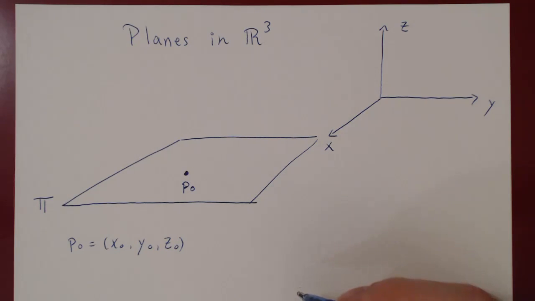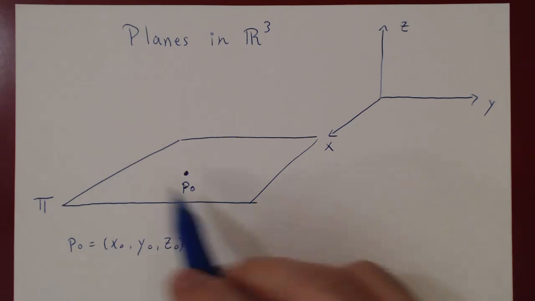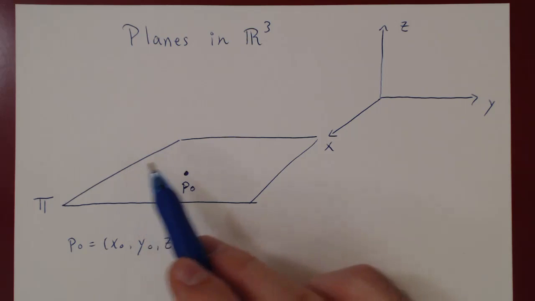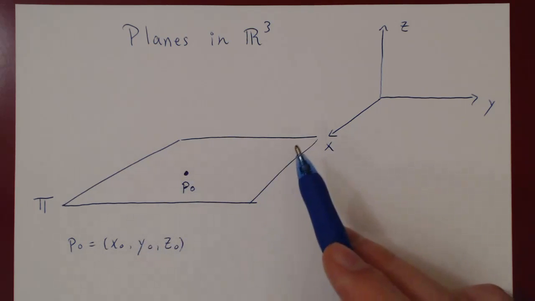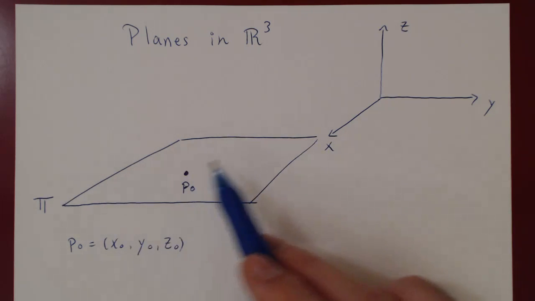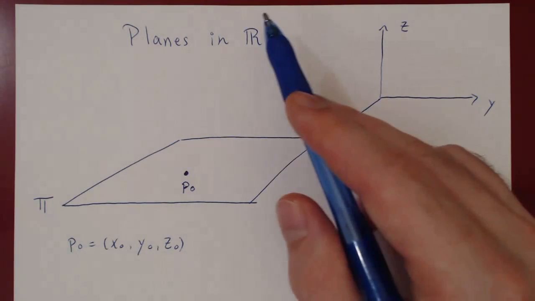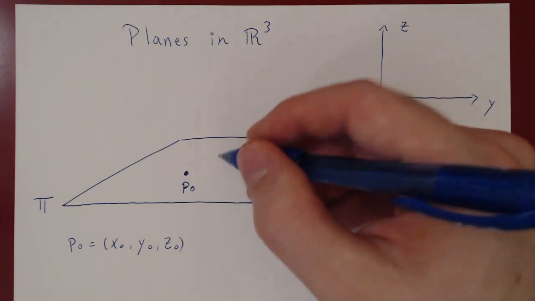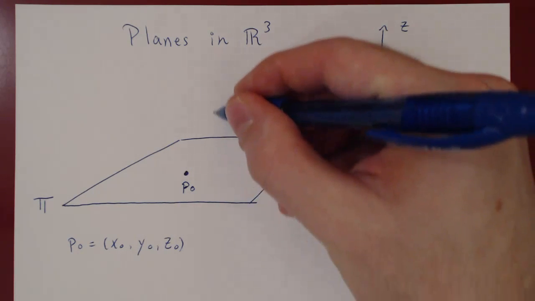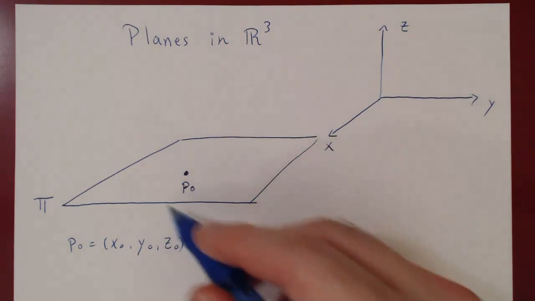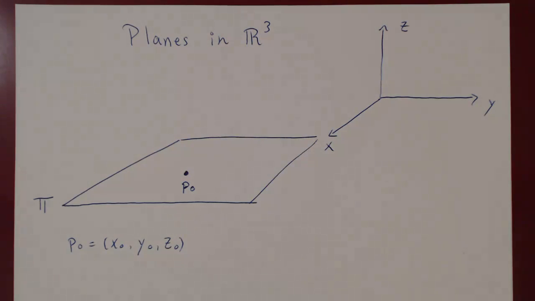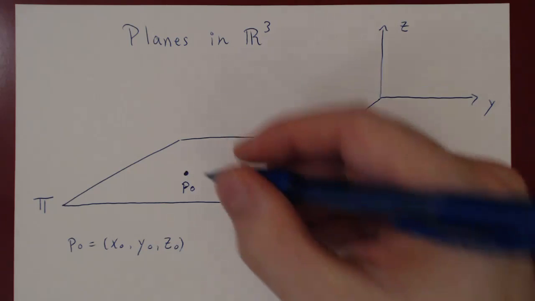And now visualize your sheet of paper, this flat surface. If you look at your flat surface, there is a unique direction that is perpendicular to your sheet of paper. Because the plane is a two-dimensional flat surface in three-dimensional space, there is always a unique direction in space that is perpendicular to your plane. And that will be the directional vector of the plane.